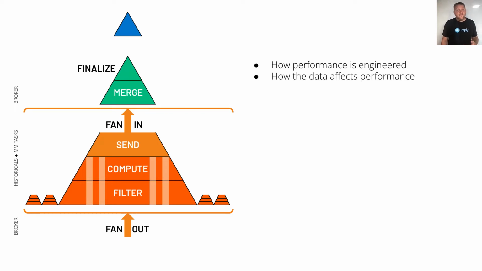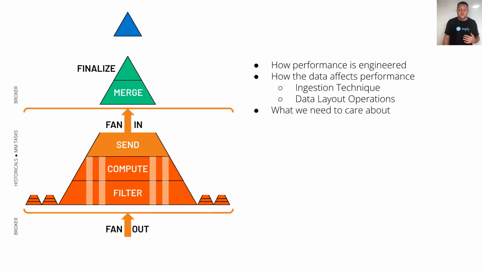It also uncovers the relationship between the underlying data model that you provide and query performance, and it emphasizes why ingestion technique and data layout are really important considerations when thinking about query performance. Gian Molino, who introduced us to this model, is trying to help us grasp what we can do as engineers to keep Druid performing well, what really matters and what doesn't.